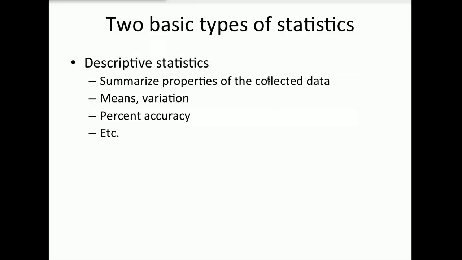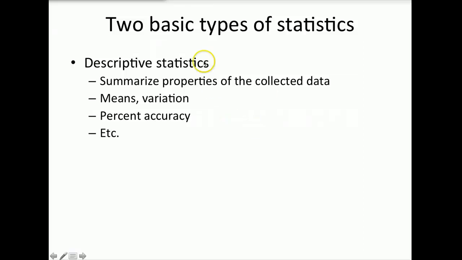So when we perform some kind of experiment, we collect some data that constitutes a sample, and we can characterize the observations in that sample in various ways using numbers.